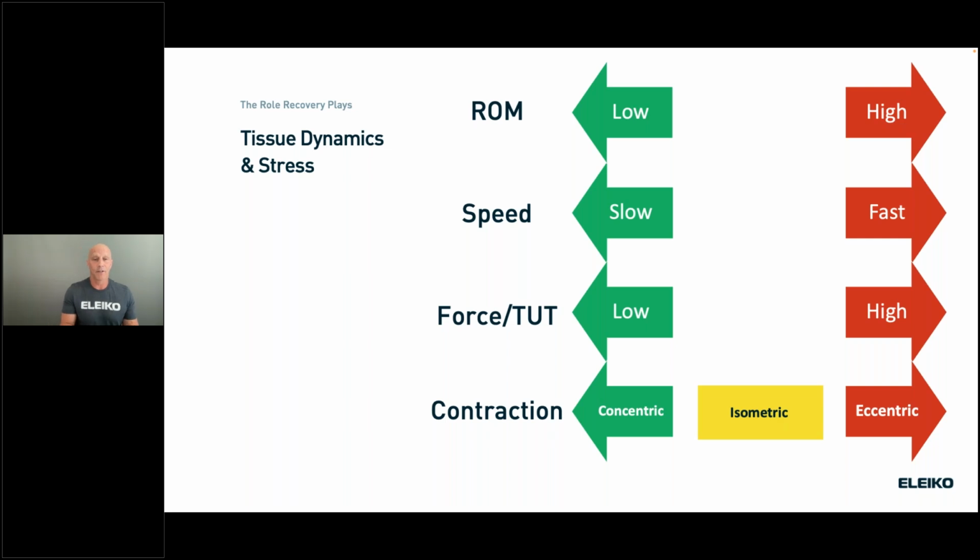Two totally different things. Okay, so understand tissue dynamics. There's a lower end and there's a moderate end, and we can go in between. So in our course, we talk about mobility drills. There are mobility drills that we call fascial mobilizers. And the fascial mobilizers are a slow rhythmical motion.